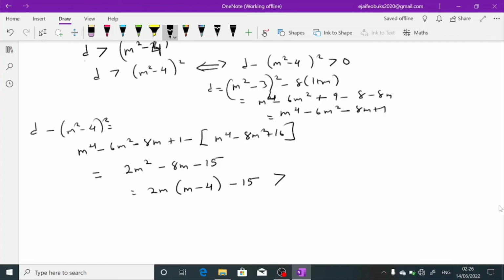If m is greater than 5, we'll have 2m. I want to see when this is positive.